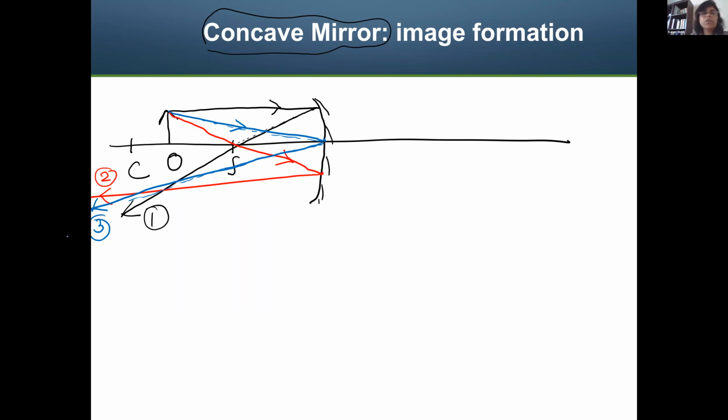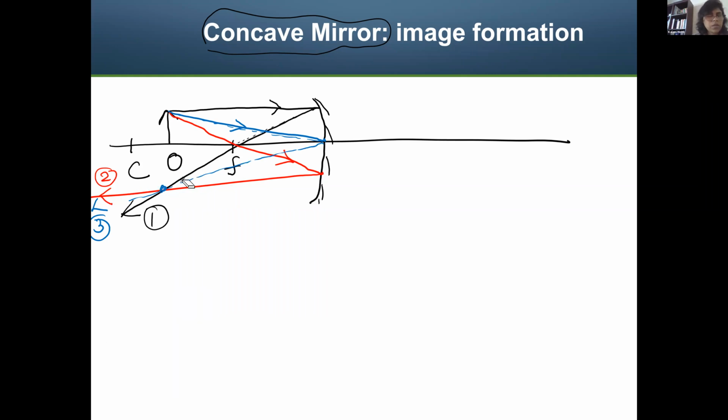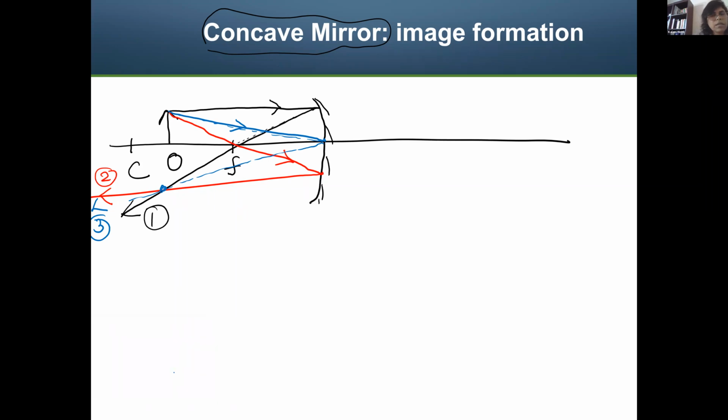All of them should intersect at this place, although my drawing is a little off, so I cannot easily draw that. I'm going to probably take this off and redraw it to make it a little better. Okay, that is the third one.